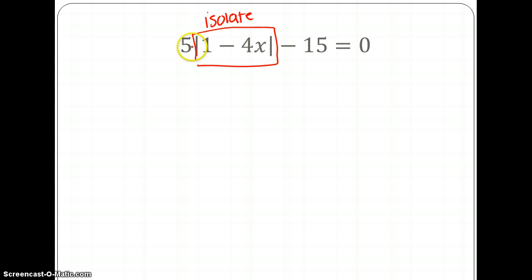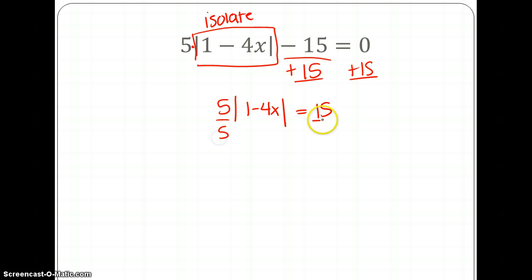You have 5 times that absolute value. You have subtract away 15. So you do the same order as always. You're going to add that 15 first to isolate the absolute value, and then divide by that 5. So same opposite operations to get that absolute value all by itself.